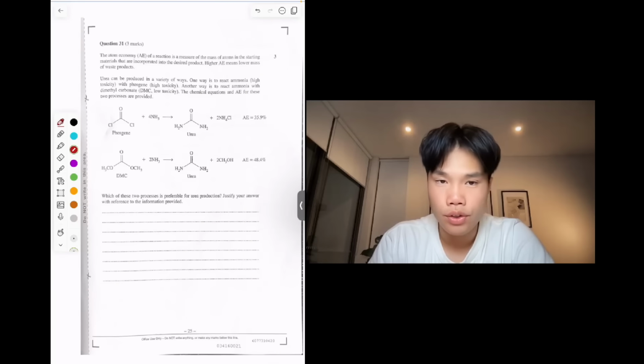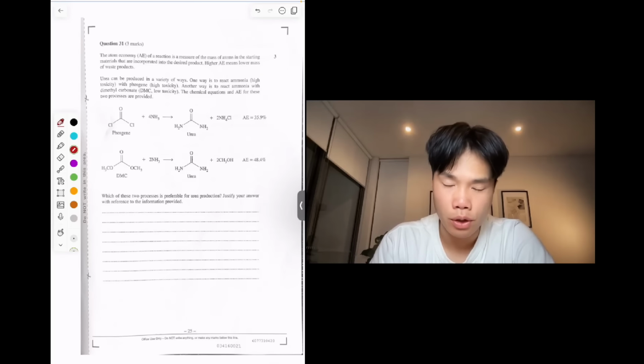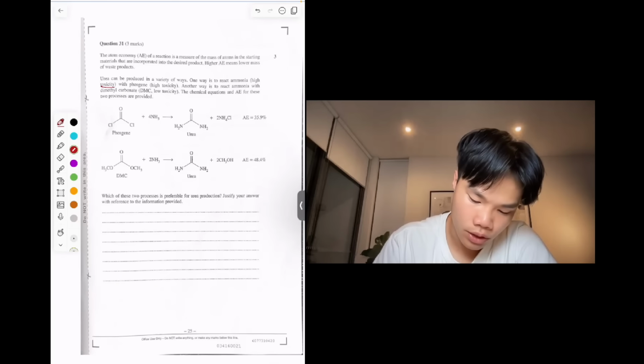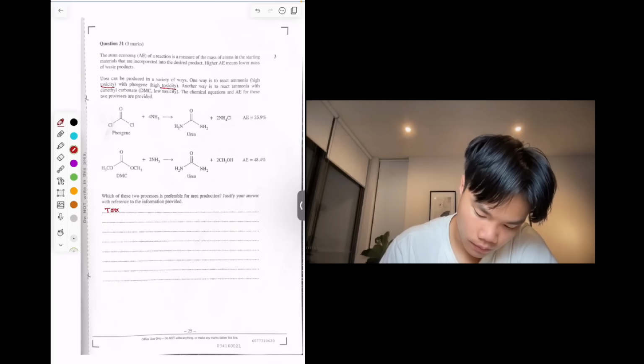Cool. So there's two things you're taking into account in this response. You're writing about atom economy and you're writing about toxicity. So I'd split it into two separate parts. The first thing they introduce in the question stem is toxicity, so I'd probably talk about that first. So I'd have a subheading toxicity.